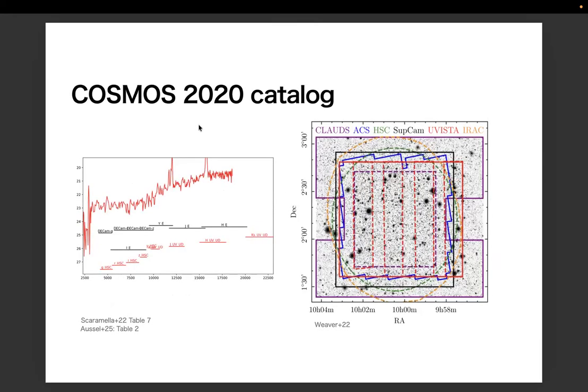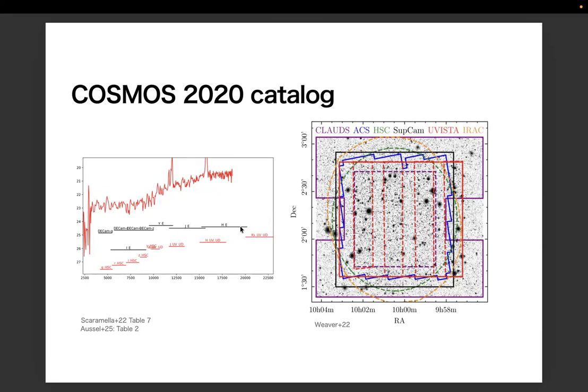So what kind of catalog can I use? I would first use the COSMOS 2020 catalog, because it has a fairly large area, around 1 square degree or so, and it has deep data.